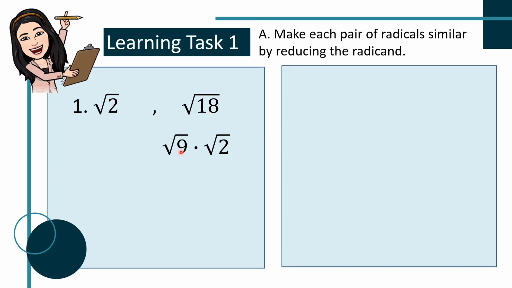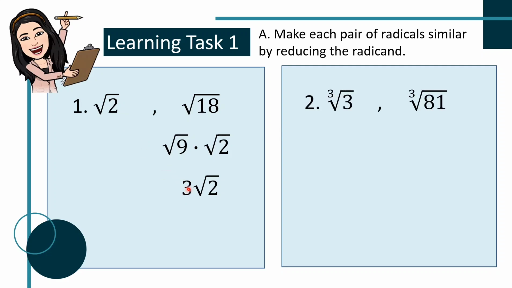So, square root of 9 times the square root of 2. One of them is a perfect square, the square root of 9, so we can extract the root. What is the square root of 9? That is 3. We write 3 and then copy the square root of 2. Therefore, our answer is square root of 2 and 3 square root of 2. They are now similar radicals.